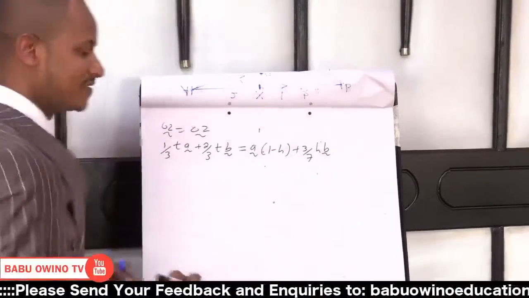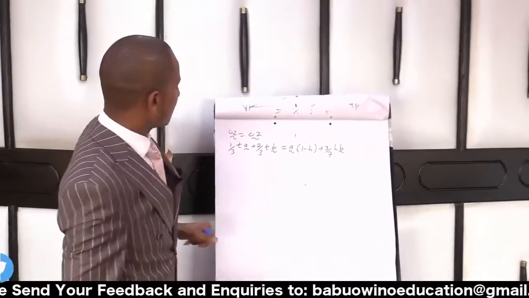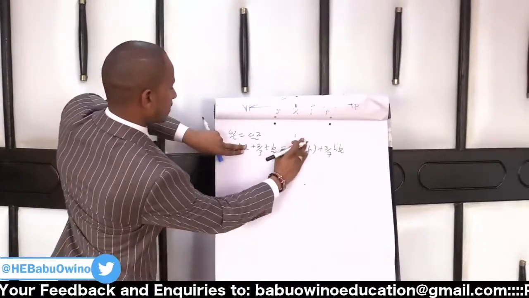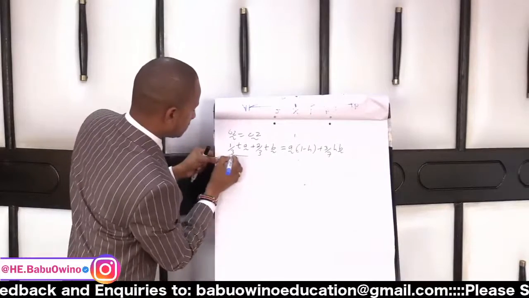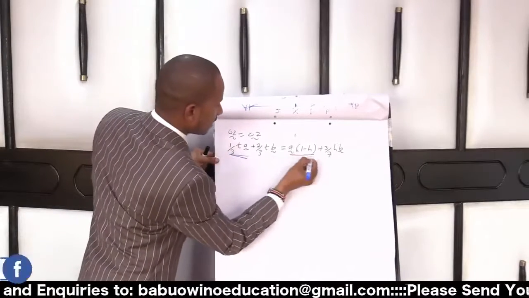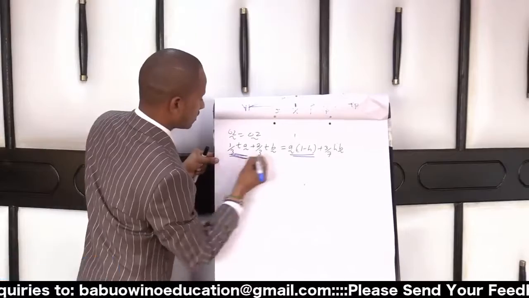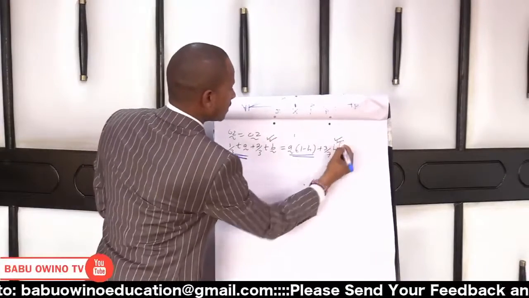We are finishing. Then from here, just collect the values of A's together. You bring them together, so this TA, where A is, you take them together. Then this goes with that.